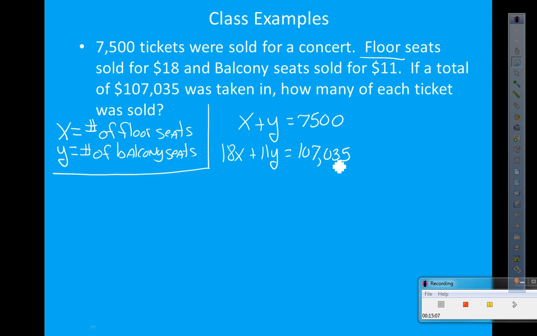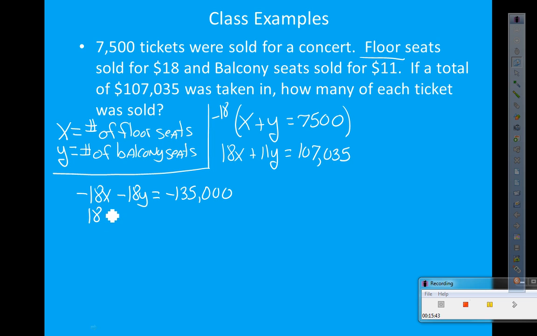I've said it a few times, so I'll say it one more time. 18 is money, 11 is money, so that better be a money number. Solving is going to be the easy part now, guys. I'm going to multiply the top by negative 18. So I'll write it down here, negative 18x minus 18y equal, oh boy, negative 135,000.